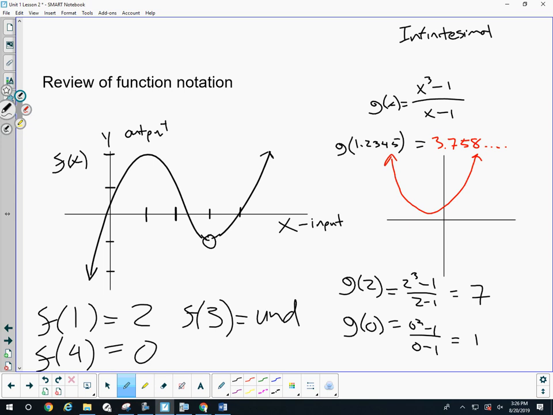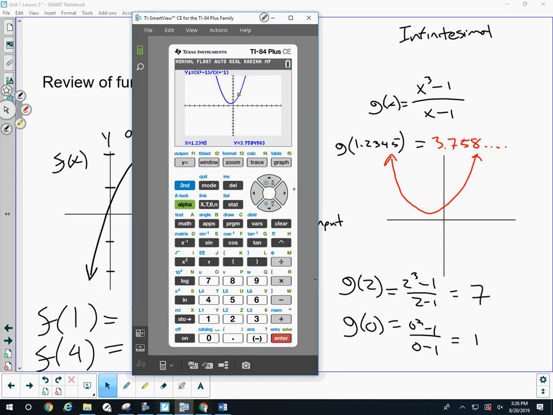Now the graph of G, it looks like we don't have that situation going on. But go ahead and trace over to 1 on the dot. Okay, everybody trace, press 1, press enter. You can even look in your table. In your table, it says there's an error. But I like trace because it's like 1 for X, Y is blank. Now that's not 0.